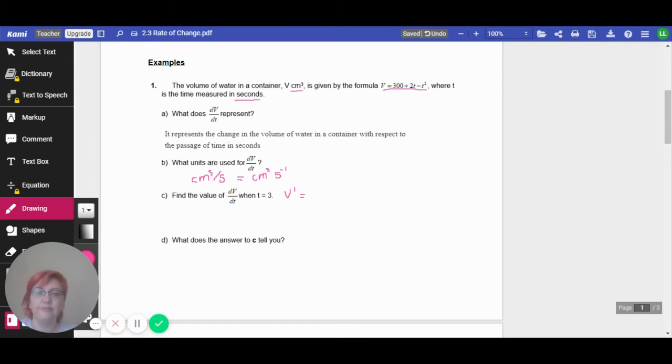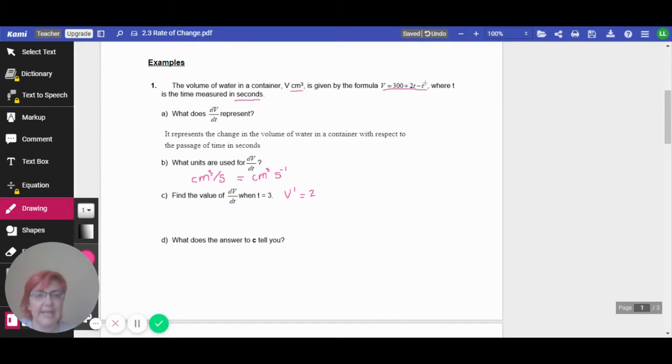So we just leave that off. Then we have 2t. n is 1, a is 2. 1 times 2 is 2. And then t to the n minus 1, 1 minus 1, would be t to the 0, which equals 1. And as we said, 2 times 1 is 2.